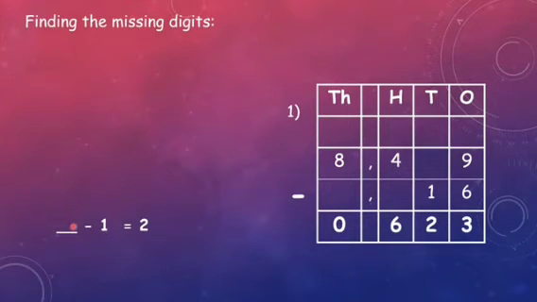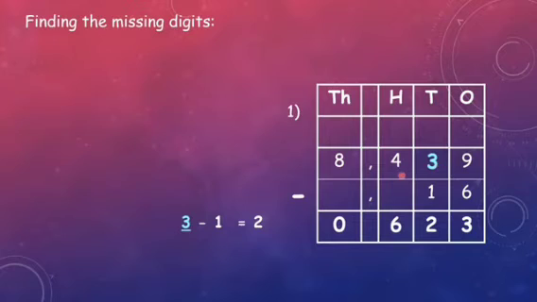The answer you get is the number you need to fill here. Now 2 plus 1 is 3. So just check. 3 minus 1 is 2. I fill 3 here. Isn't it tricky, children? It is not difficult, but just a slightly tricky manner to solve this, correct? So 3 minus 1 is 2.